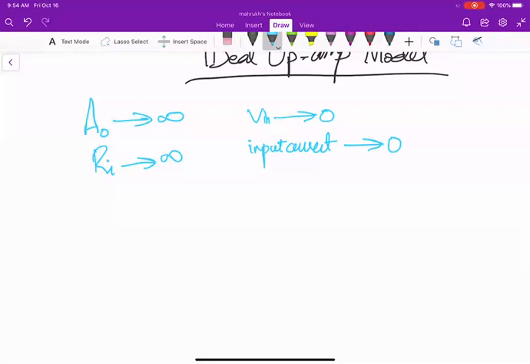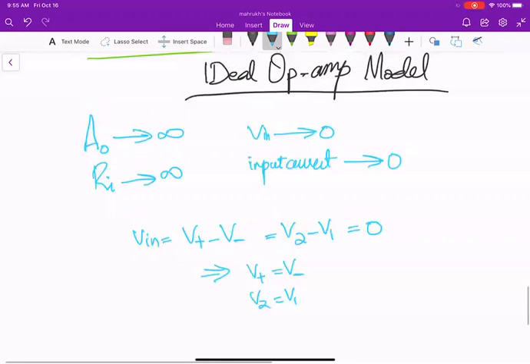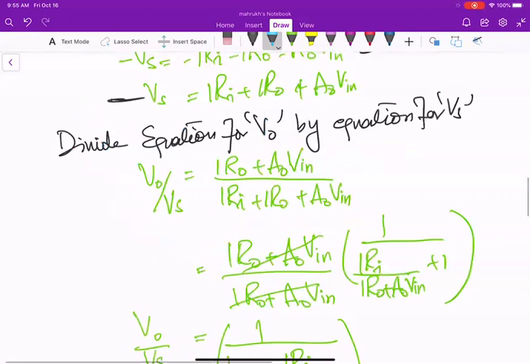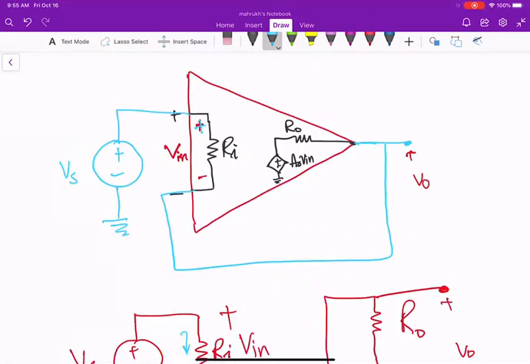Now, we defined V in as the difference between the positive terminal and the negative terminal, which was V2 minus V1. If this is equal to 0, it means your V plus is equal to your V minus, or your V2 is equal to your V1. So for an ideal op-amp, you expect that the difference between these terminals will be very small, and you call this the error voltage.